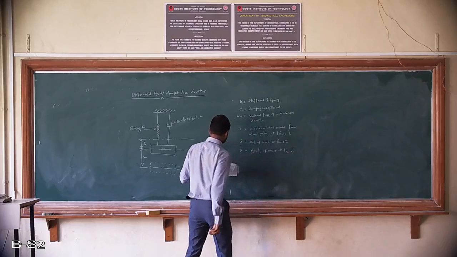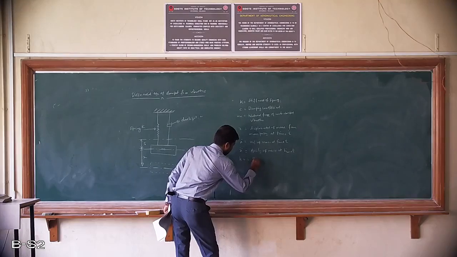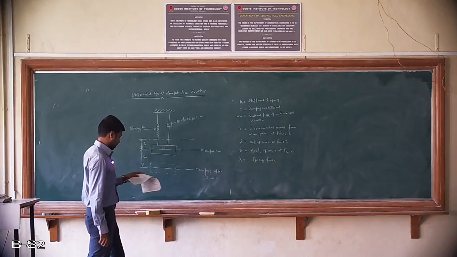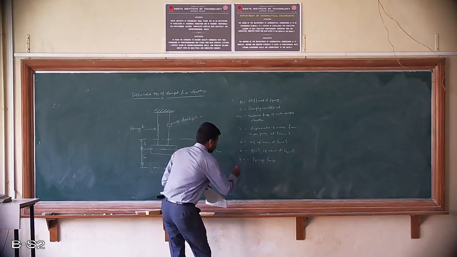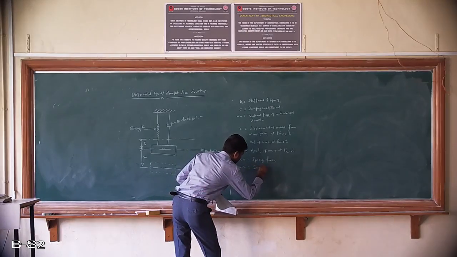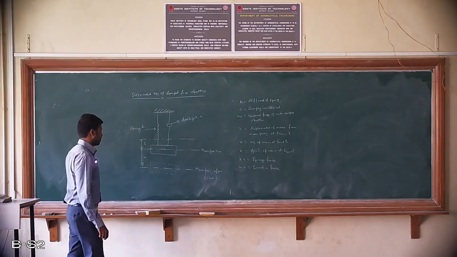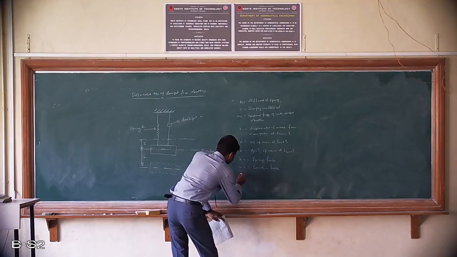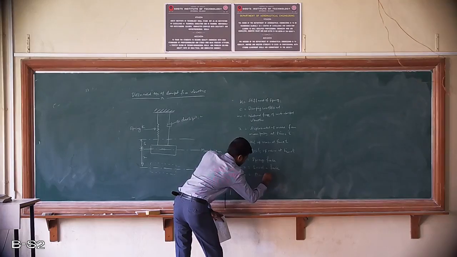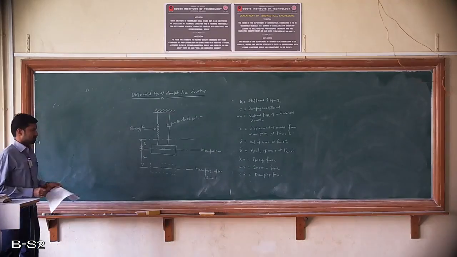Kx is the spring force. Mx double dot is the inertia force, and Cx dot is the damping force.